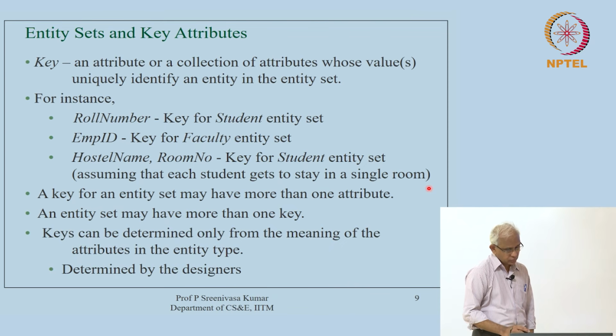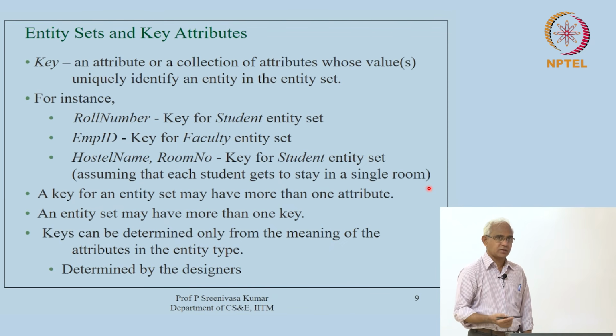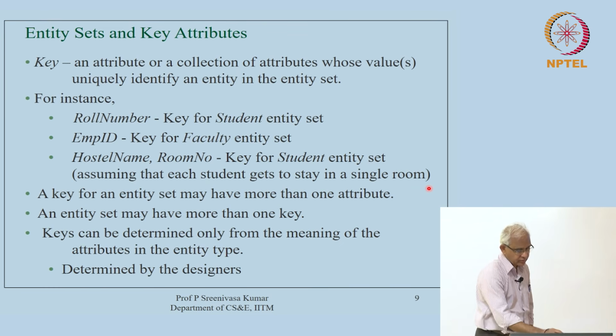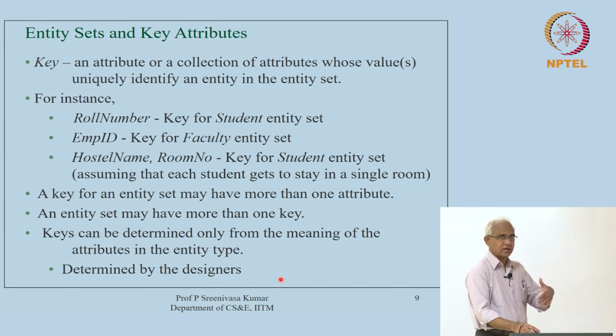Now, who determines these keys? That is an interesting question. Keys can only be determined from the meaning of these attributes of those entity types, and under the underlying assumptions in the domain. So, they have to be determined by the designers at this stage.